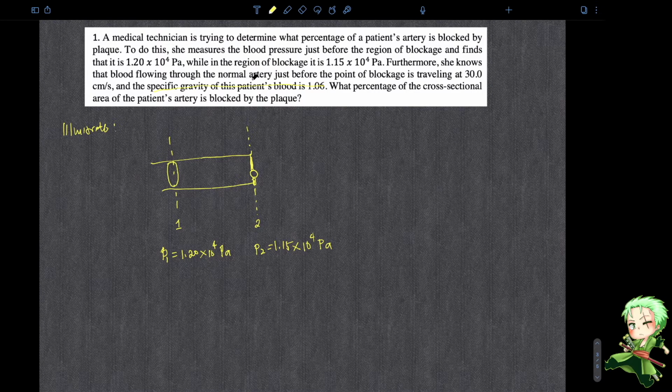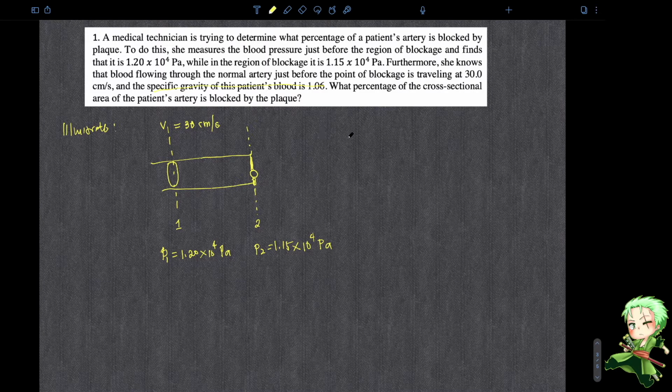It's also stated in the problem that the velocity with which the blood is flowing is given to be 30 centimeters per second. So this 30 centimeters per second is the velocity of the blood before region 2, or the point of blockage.